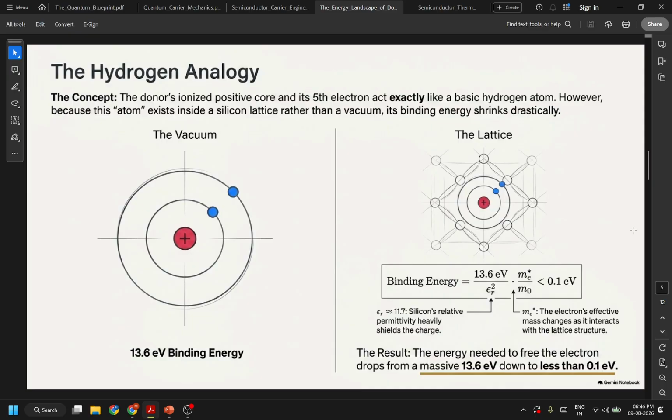But inside the lattice, the binding energy would be 13.6 eV by εr square into m_e star by m naught, where m_e star is the electron's effective mass changed due to the lattice, and εr is 11.7, which is silicon's relative permittivity, heavily shielding the charge. The result is that the energy needed to free the electron dropped from a massive 13.6 eV down to less than 0.1 eV.